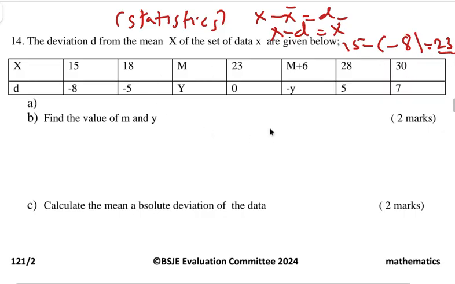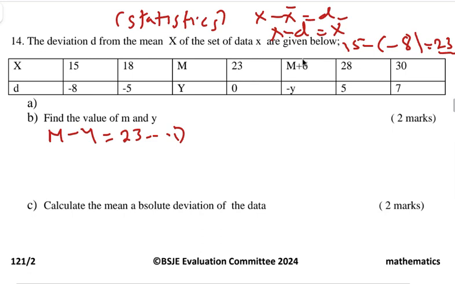Mpaka hapa tumeelewa. So if you use this and you apply it onto these unknowns, we know that x minus d equal to your mean. So if I take x minus your d, which is m minus y, equal to what? 23. This gives me the first equation.